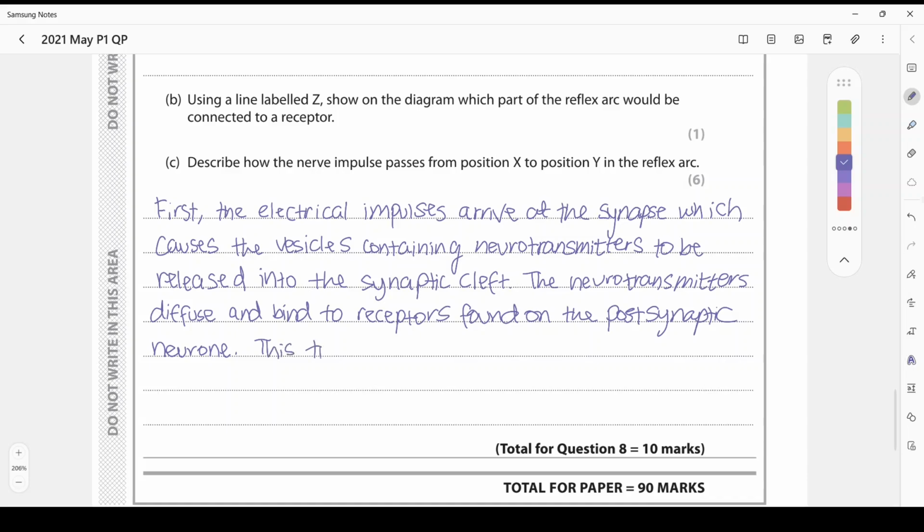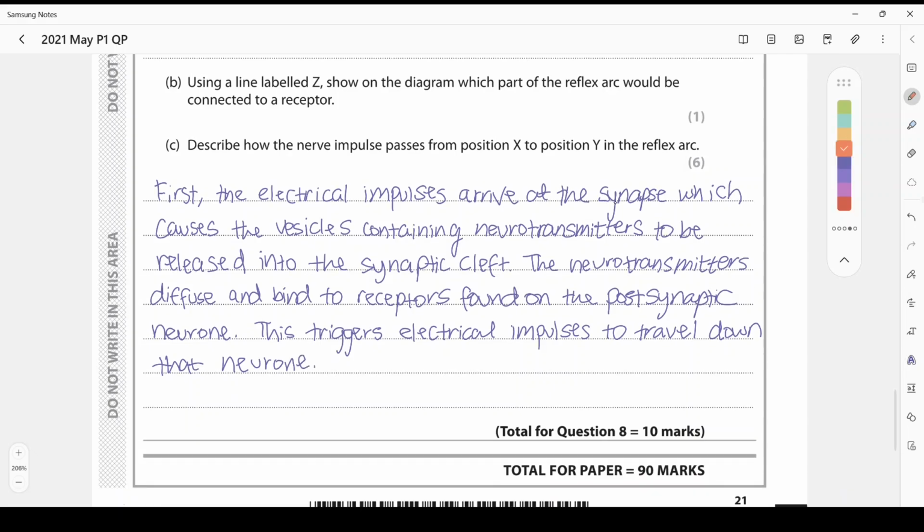This triggers electrical impulses to travel down that postsynaptic neuron. Oops. Let's just write neuron. Okay, let's go through the marks.